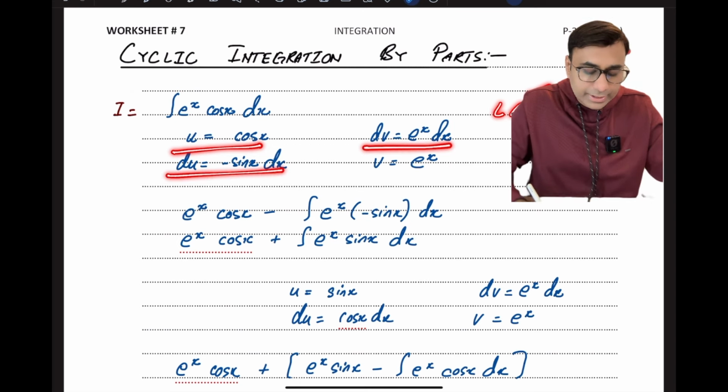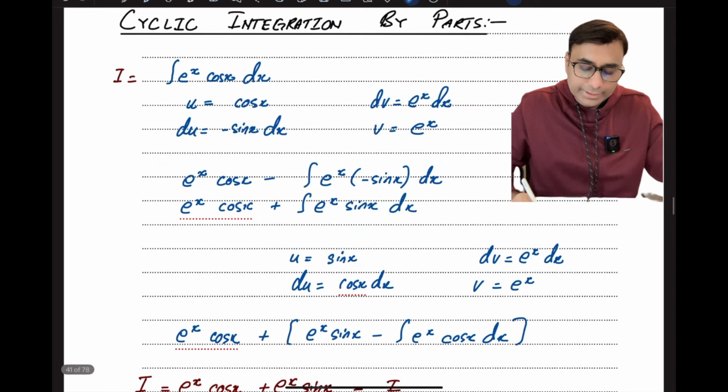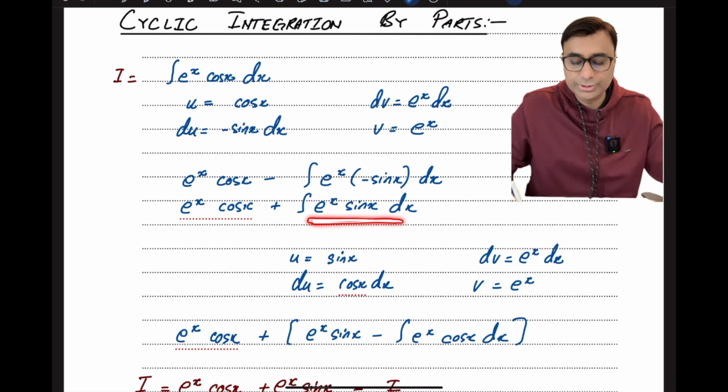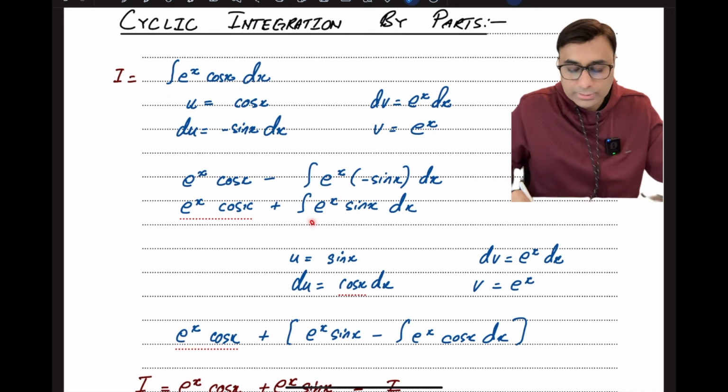You differentiate this to get du, you integrate this to get v, and you come to this point where you have solved this integral. But then you would realize that this is not simpler than the original integral. If you can memorize this particular situation where you have a product of exponential and trigonometric and it does not simplify, that will be a situation where you have to do a cyclic integration.